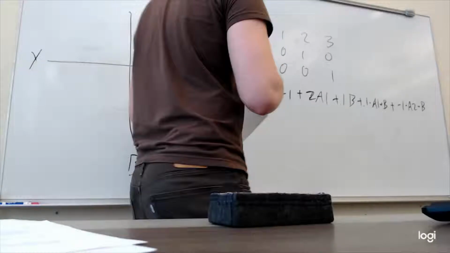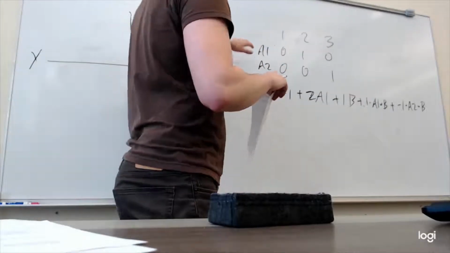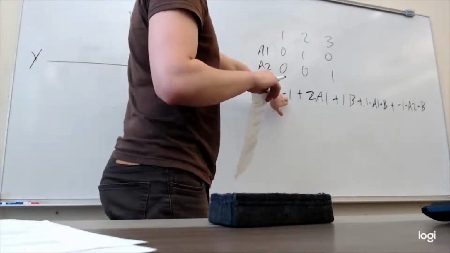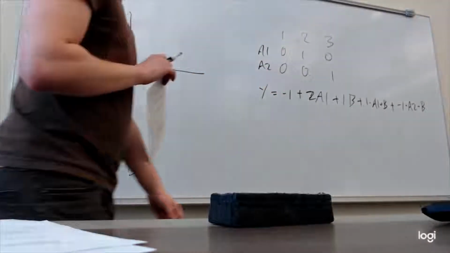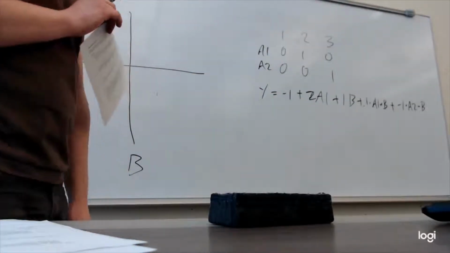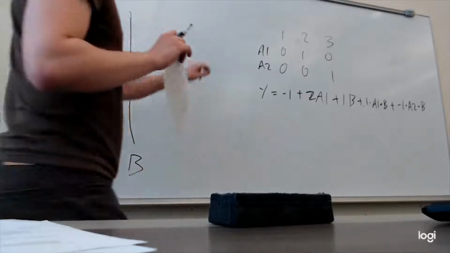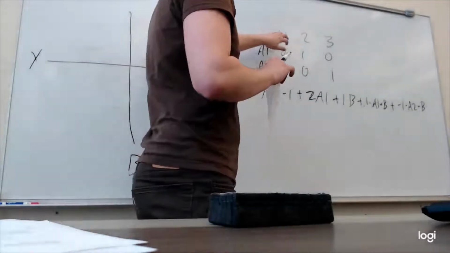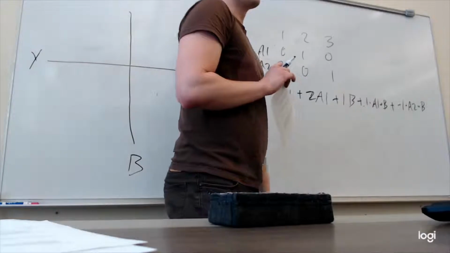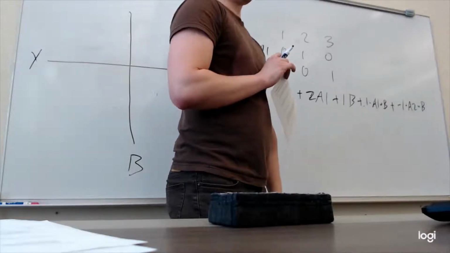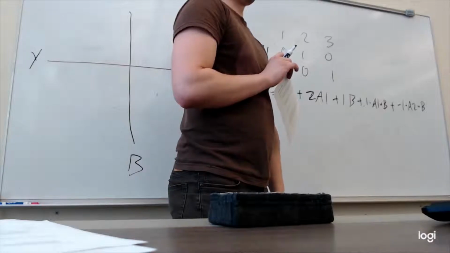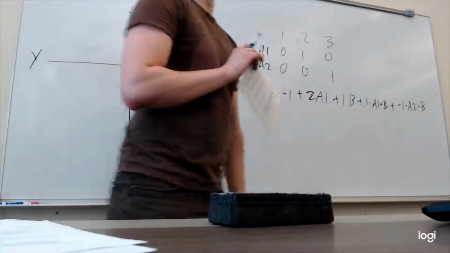First of all, what does this 1 represent right here at the intercept? Group 1. It represents group 1, and what's happening with B? It's 0, right.